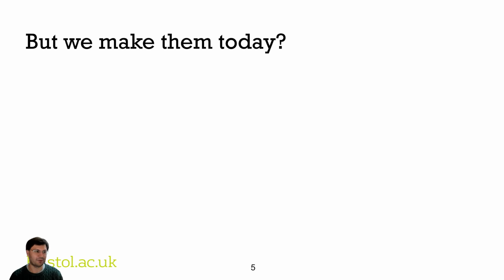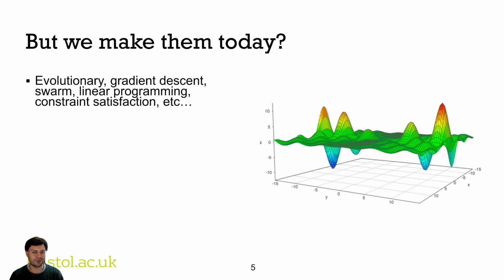And I'm sure you're probably thinking, well, yeah, but we have gearboxes today, and we do make them today. And that is definitely the case. That's why, as mentioned before, we have these gradient descent methods, evolutionary methods, swarm, linear program, constraint-based satisfaction. All of those algorithms are built to navigate those design spaces efficiently, so we don't have to evaluate all of the options.